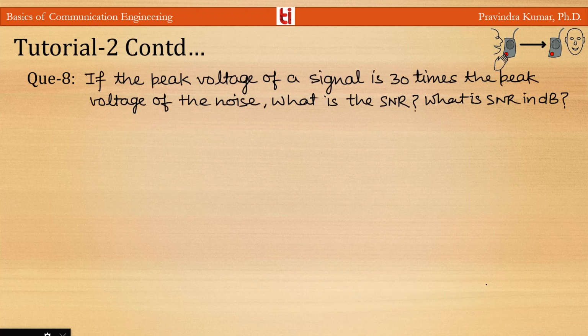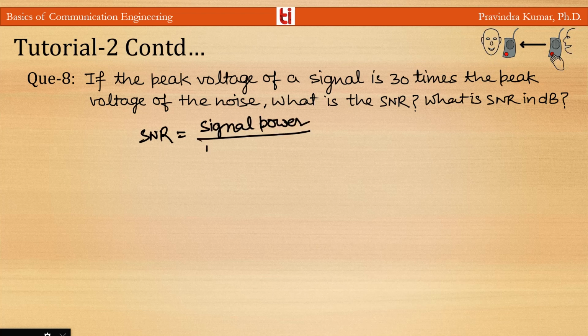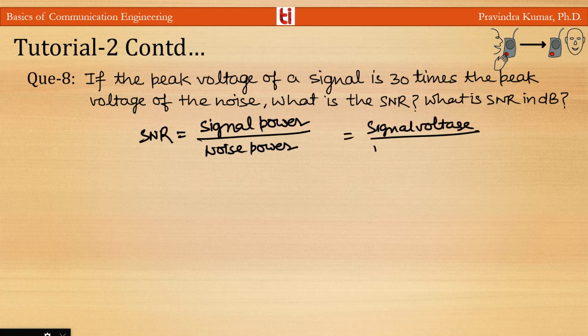Now another question: if the peak voltage of a signal is 30 times the peak voltage of the noise, what is the SNR in normal and in dB? You know the SNR is the signal power to the noise power, and in voltage form it is the signal voltage over the noise voltage, whole square, because the relation between power and voltage is a square.